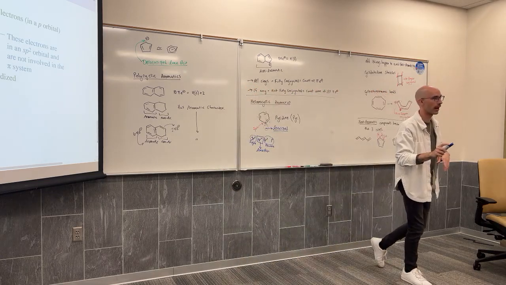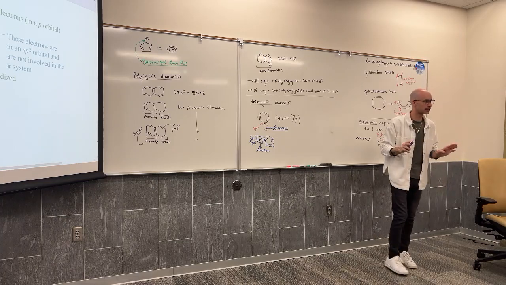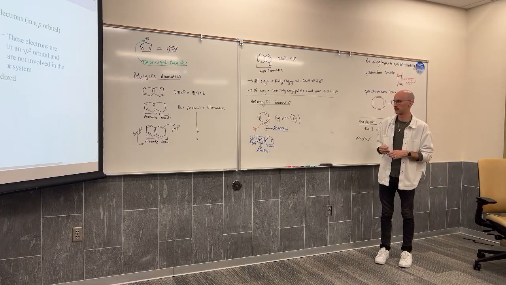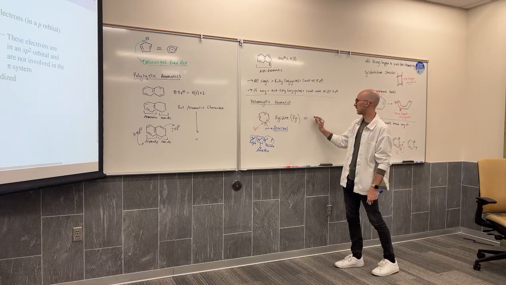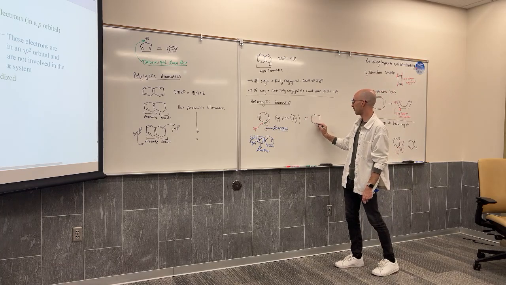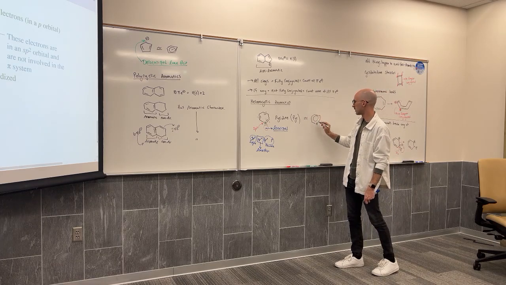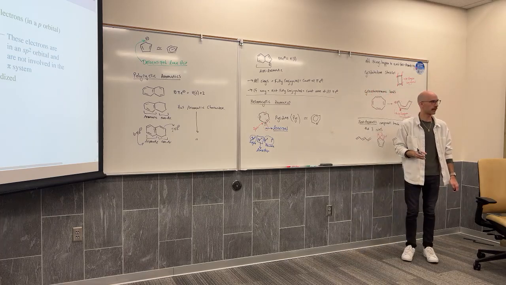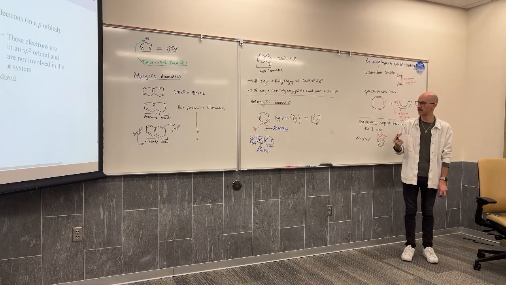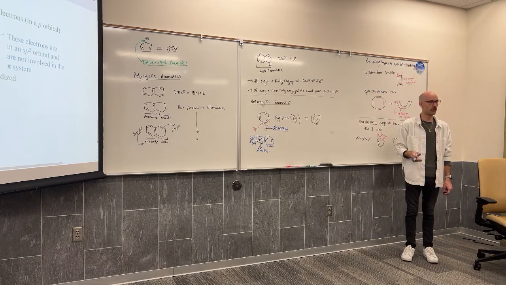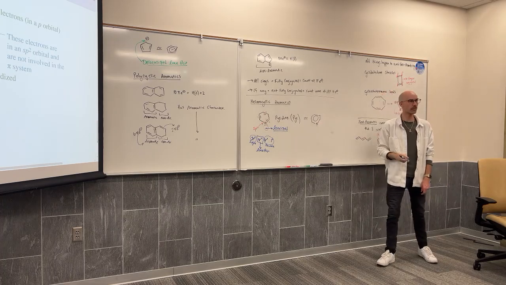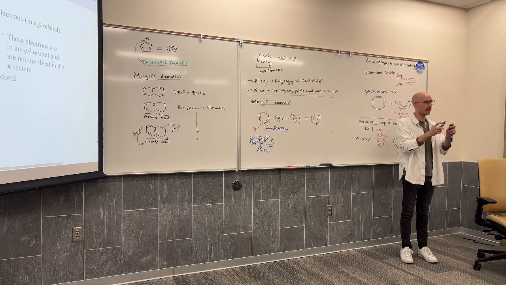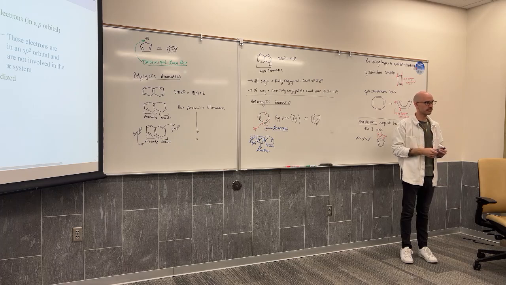Nitrogen holds that lone pair. No other atom gets to share that lone pair. So we could actually abbreviate pyridine in this cyclic form, right? We don't have to draw the double bonds. We could draw it with that circle, and guess what we would still show? The lone pair, because it's localized to nitrogen.